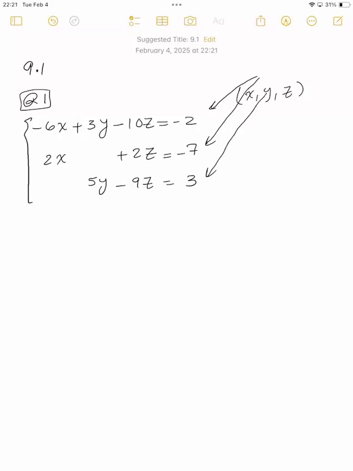In order for us to find such a solution that works for all 3 of them, if there is any, one technique is to write this as an augmented matrix, and then we learn how to solve that augmented matrix to give us such a solution.